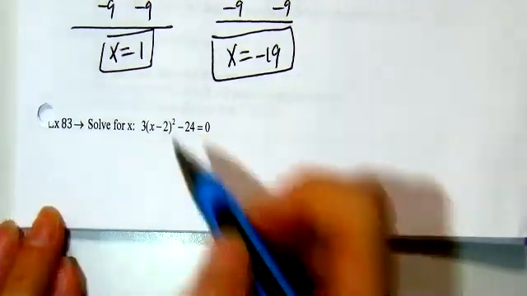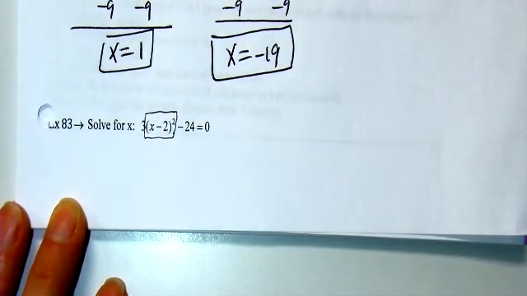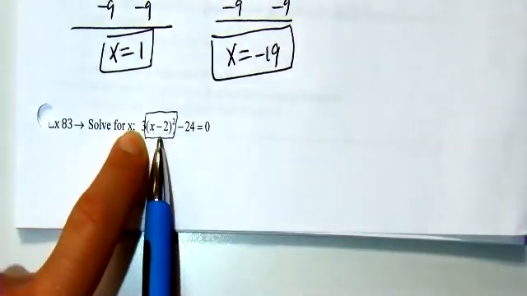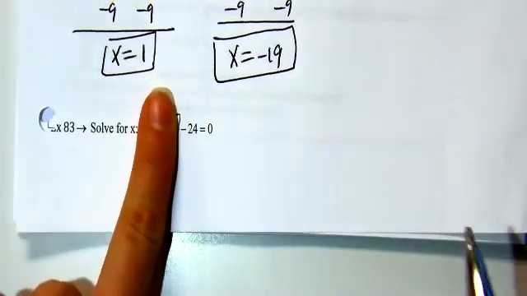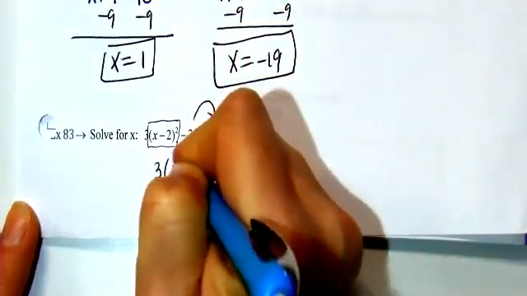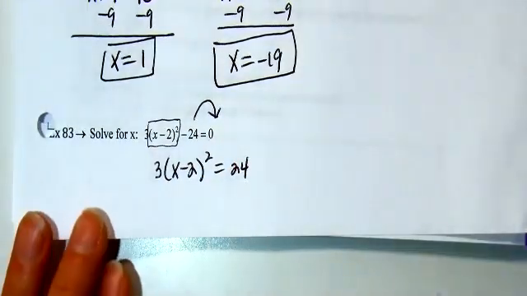Again, since this is a binomial squared, this is an example of you need to get those terms by itself. So think of this like it was a 3x squared or something. We would want to move the 24 over by adding it. So we have 3 times x minus 2 squared equals a positive 24.